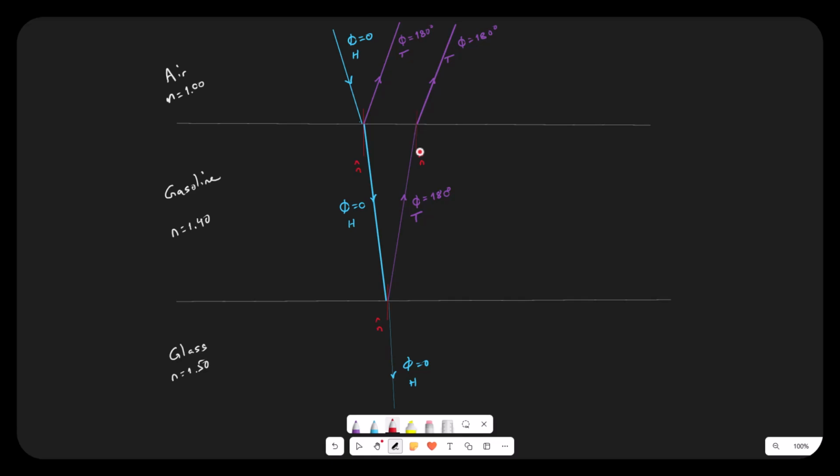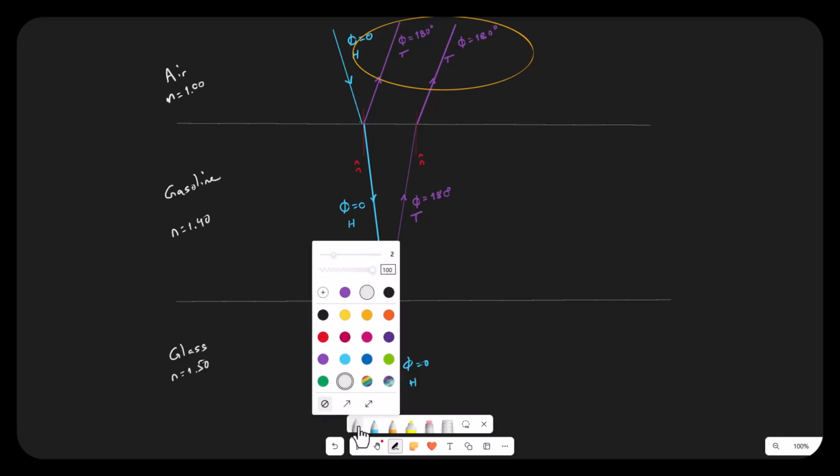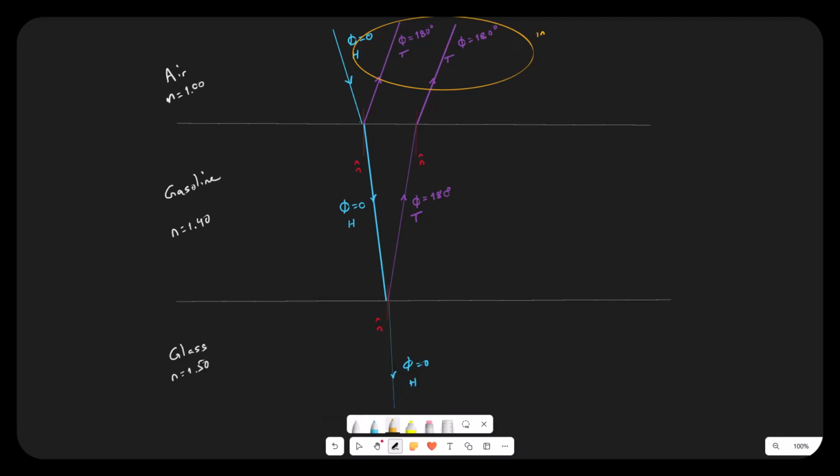So what I have in this case is these two waves, and these are already in phase, which means if I don't do anything to them, they will add constructively. So now my path length difference, if that's 0, I get constructive.